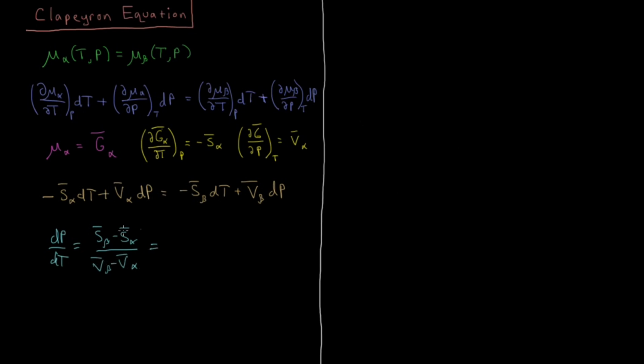So as particles flow from either A to B or B to A, this would be delta transition of the molar entropy, and this quantity down here is how the molar volume changes during the phase change, delta transition of molar volume.